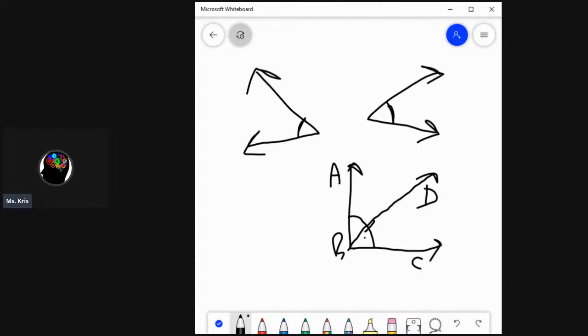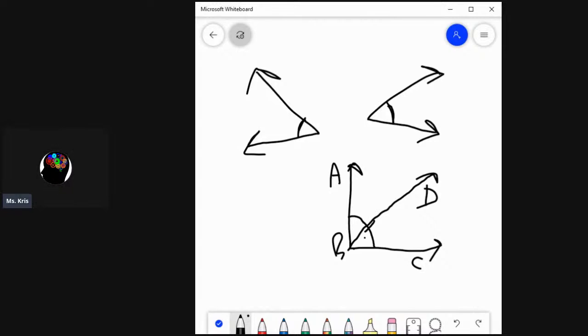So bisector of an angle is the ray that separates the given angle into two congruent angles. So ray BD, when it bisects ABC, it causes angle ABD and DBC to have the exact same measurement.